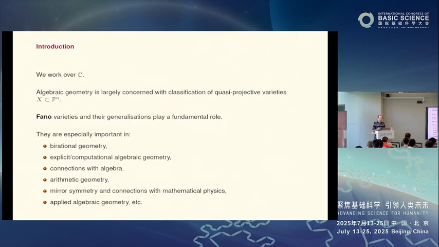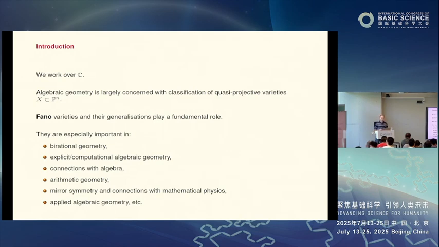Now, among these spaces, Fano varieties form a very important class. They play a very fundamental role in geometry, not only in algebraic geometry, but overall in geometry and well beyond. They are especially important in birational geometry, as you will see later on. I will talk in more detail.